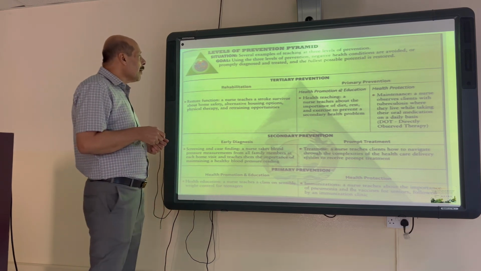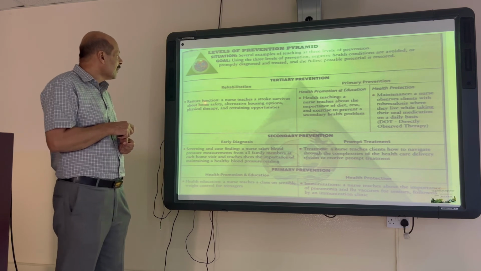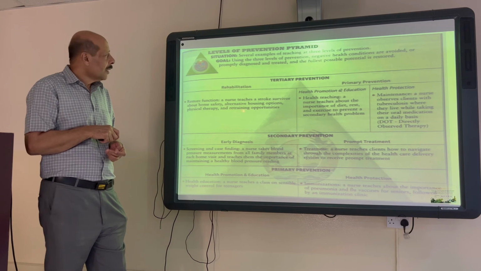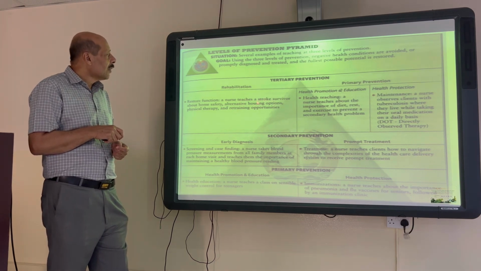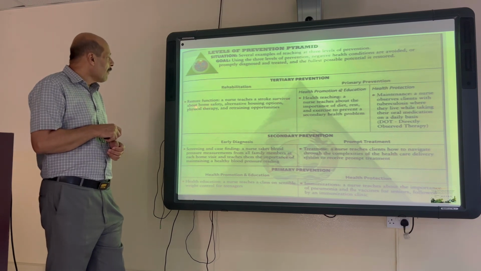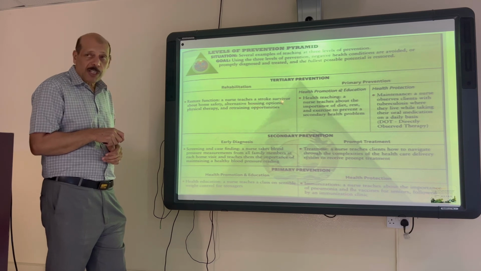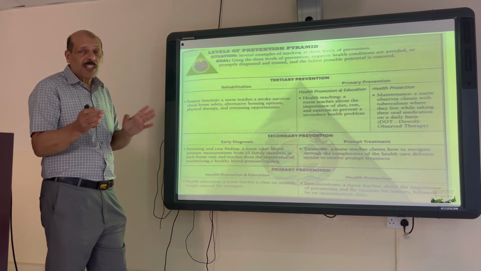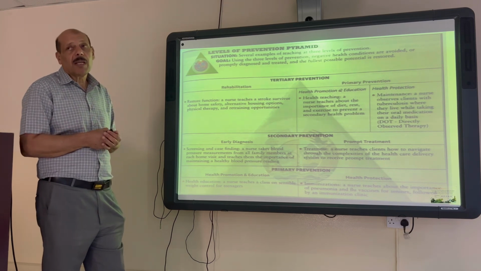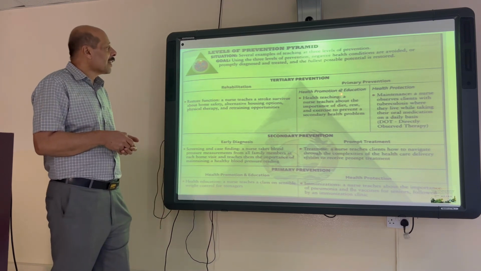The tertiary prevention comes under rehabilitation, which is to restore the function. So the nurse teaches a stroke survivor about home safety, alternative house options, how they can change some options at the house in order to prevent further complication.